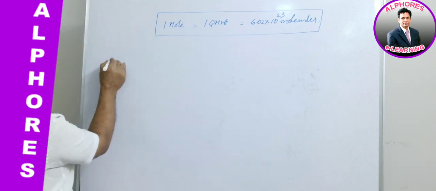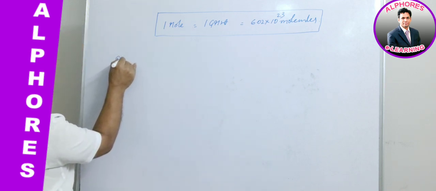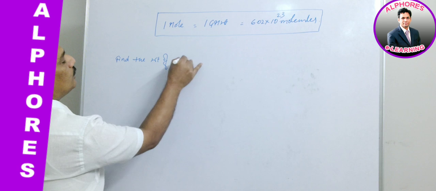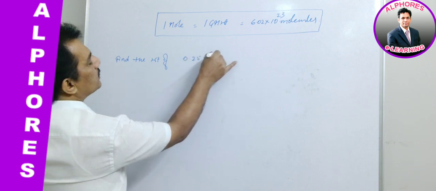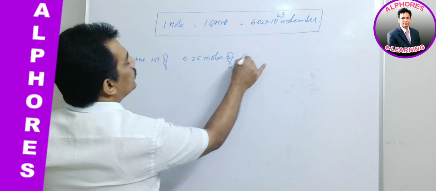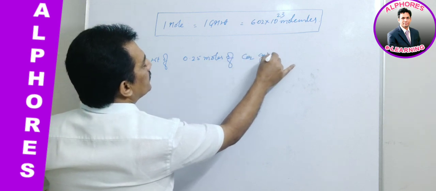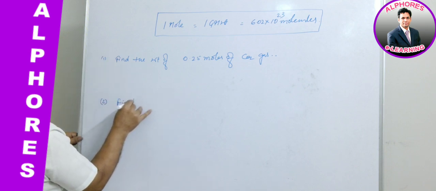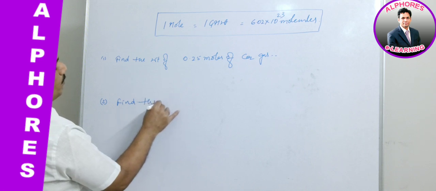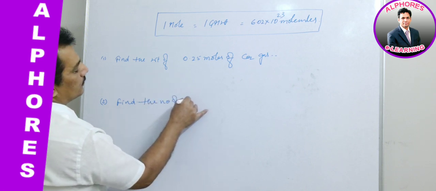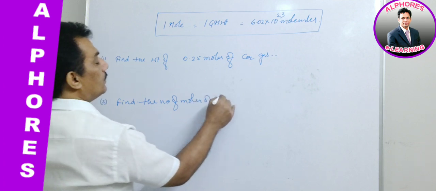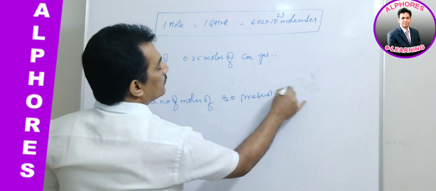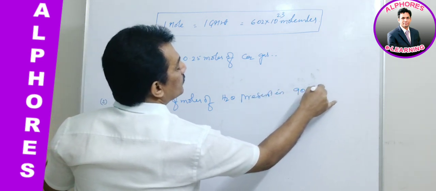Now let us first solve some simple numericals related to this mole concept. For example, find the weight of 0.25 moles of CO2 gas. Next, find the number of moles of H2O present in 90 grams of water.